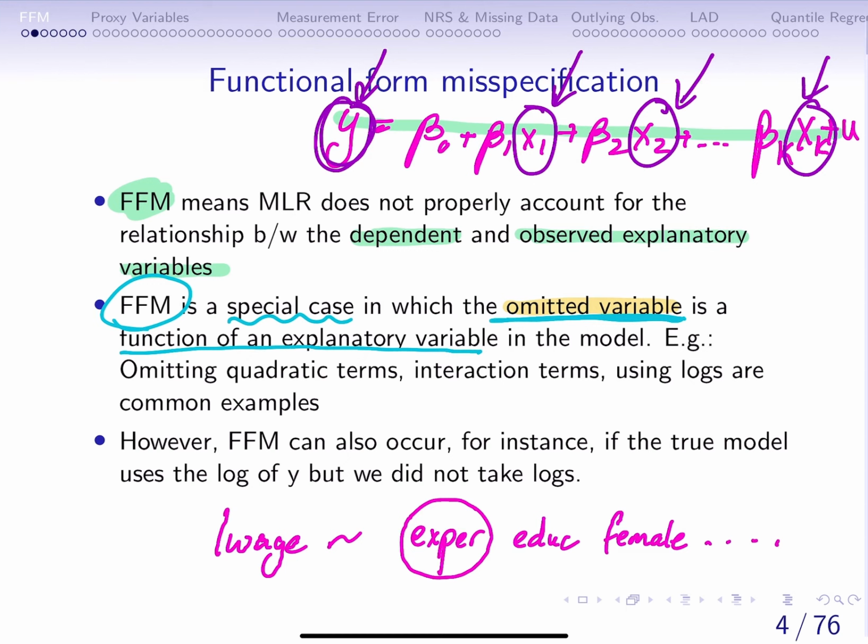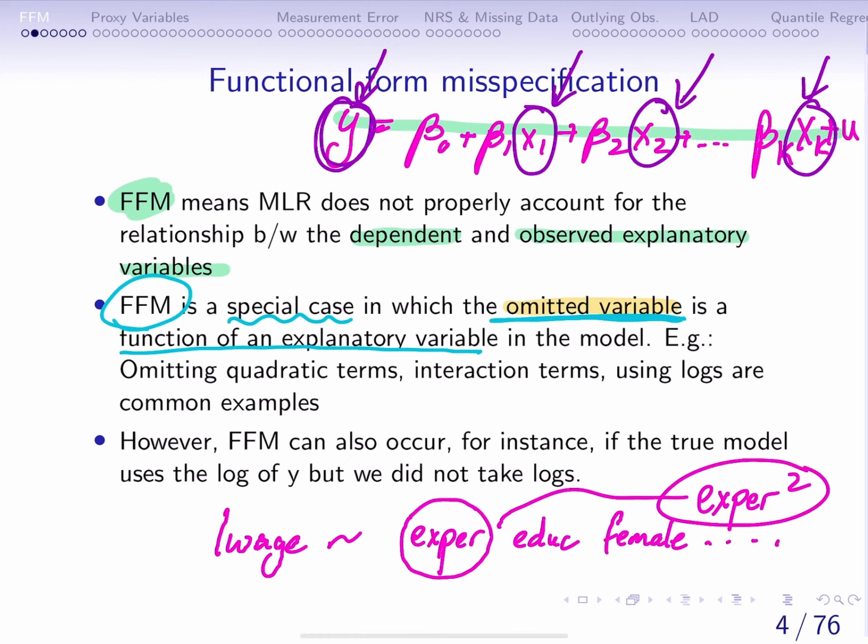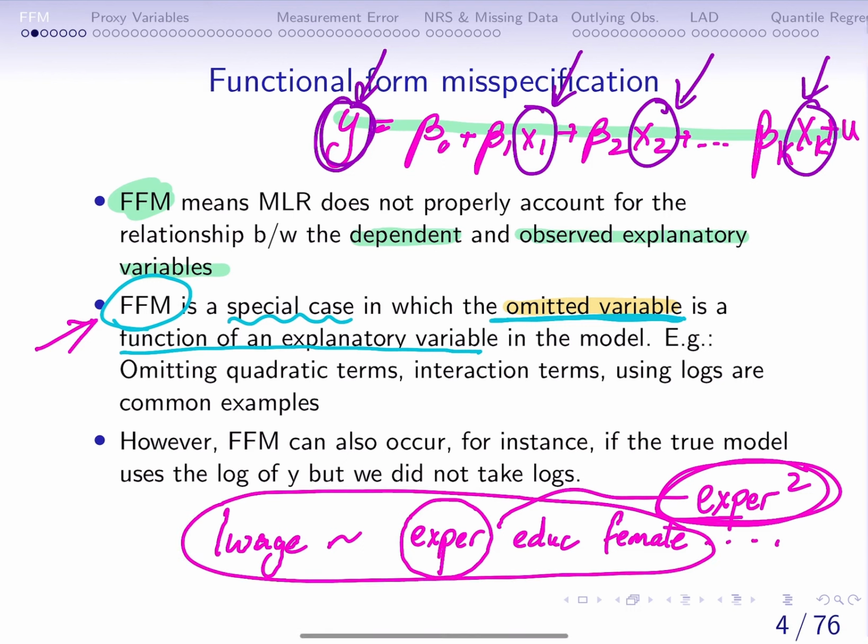So maybe what we are missing in this regression is a quadratic term, where experience also comes in as a quadratic term. If there is a nonlinear effect of experience on wages, then the model that omits experience squared is going to suffer from what we call omitted variable bias. We can also say that this regression without experience squared suffers from functional form misspecification.